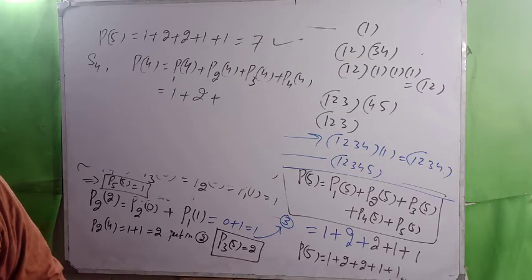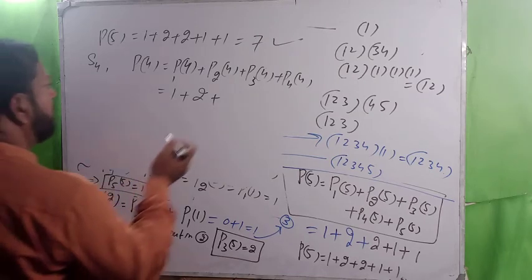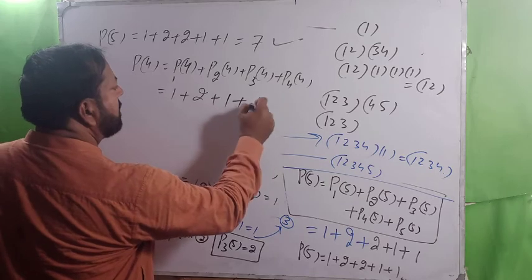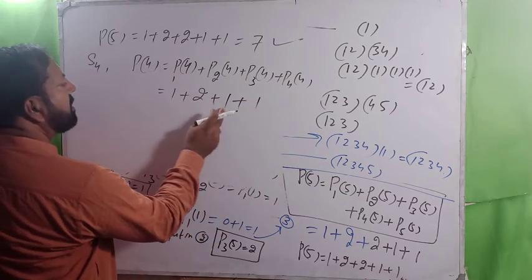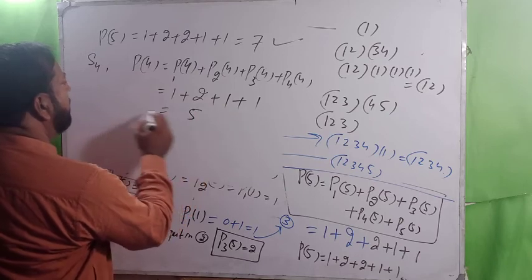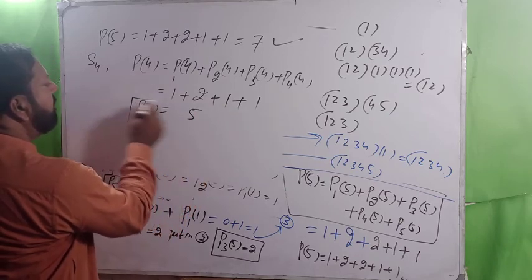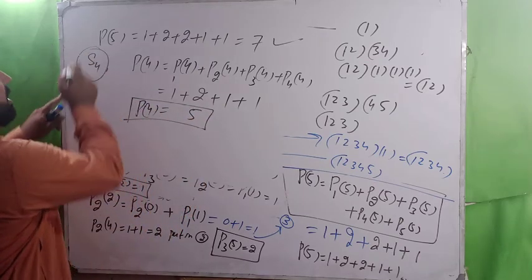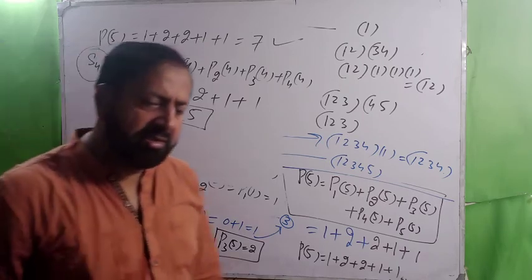It was 1. P34 was 1. So this was 1 and this was 1. So 2 plus 1 plus 1 plus 1. There are 2, 3, 4, 5. So P4 is equal to 5, meaning that S4 has 5 conjugacy classes.